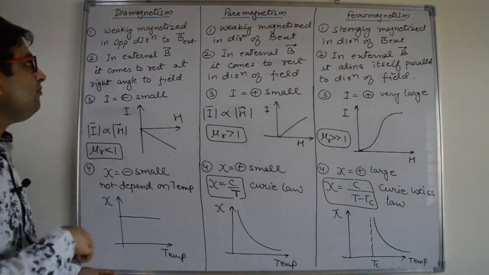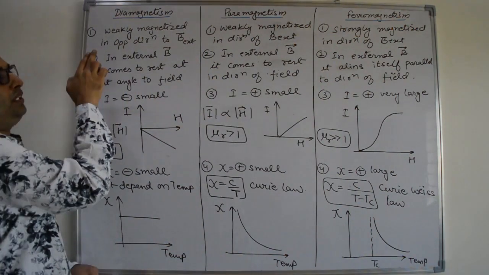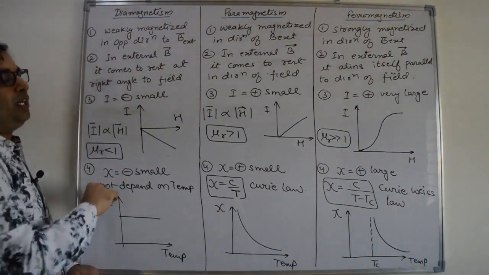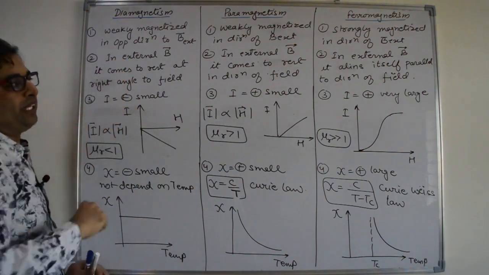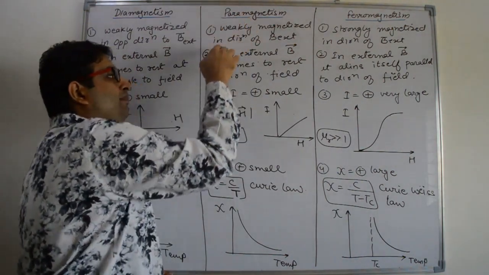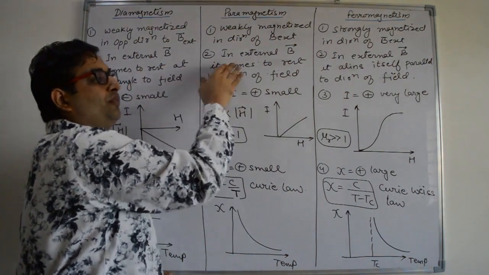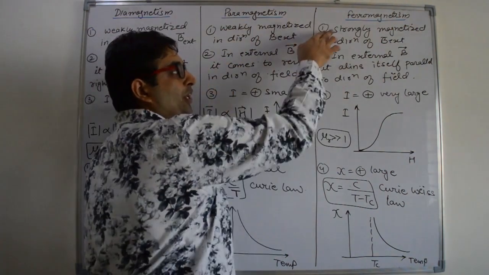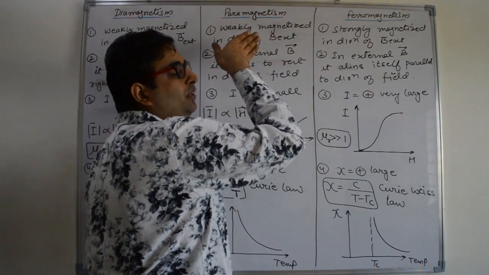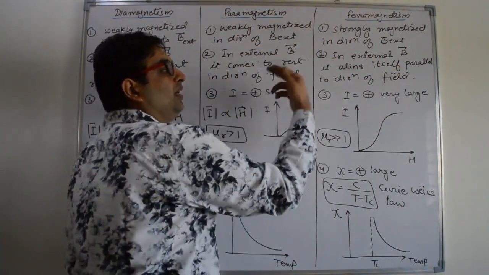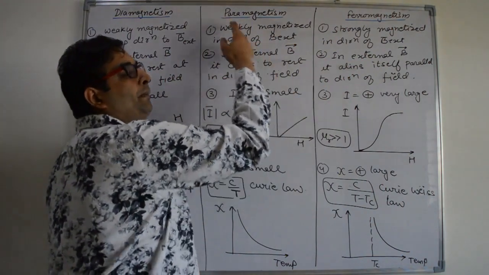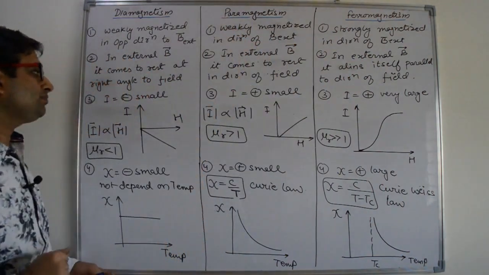Second one, diamagnetic material will come to rest perpendicular to the magnetic field. Paramagnetic will come to rest in the direction of the magnetic field. Ferromagnetic substance also aligns itself in the direction of the magnetic field but it is quicker than the paramagnetic substance.